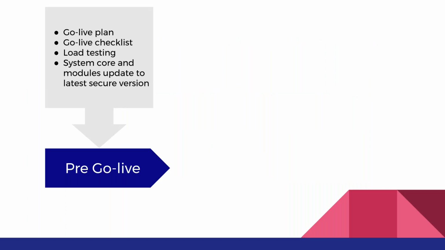And also, it's important to have the following things before we do go live. Usually, we create a go live plan where we outline when we will have go live, what exactly should be done, if there are some manual steps, who is responsible for making DNS changes, who is responsible for pushing everything from staging to production, stuff like that. Also, we create a go live checklist in order to go through the website and verify that everything is fine before go live.